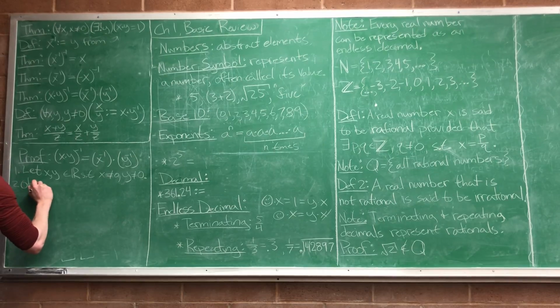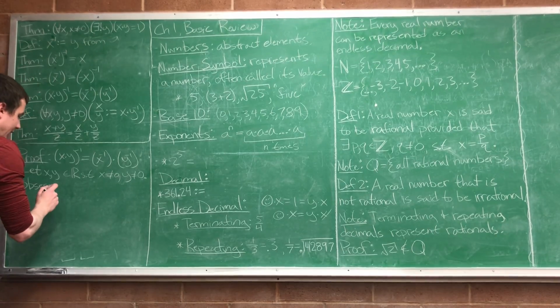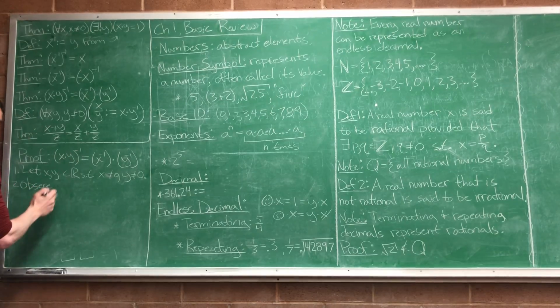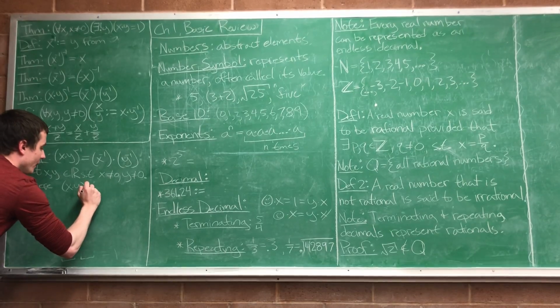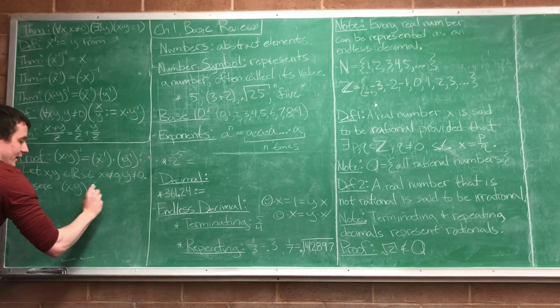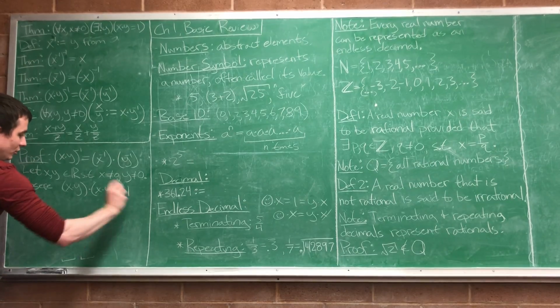Observe. How do I want to do this? The way I'm thinking about doing it is, what is x times y inverse? x times y inverse is the unique solution to the equation (x times y) times (x times y inverse) equals 1.